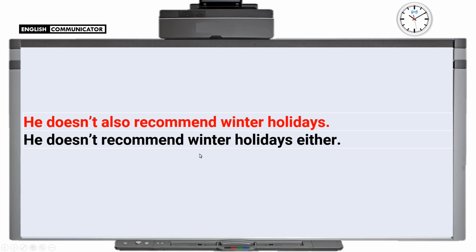It means there is a strong possibility that he does not like winter holidays, which is a thinking or perception of a person, and he or she thinks that he does not recommend either of them. So please remember to use either carefully in your sentences.